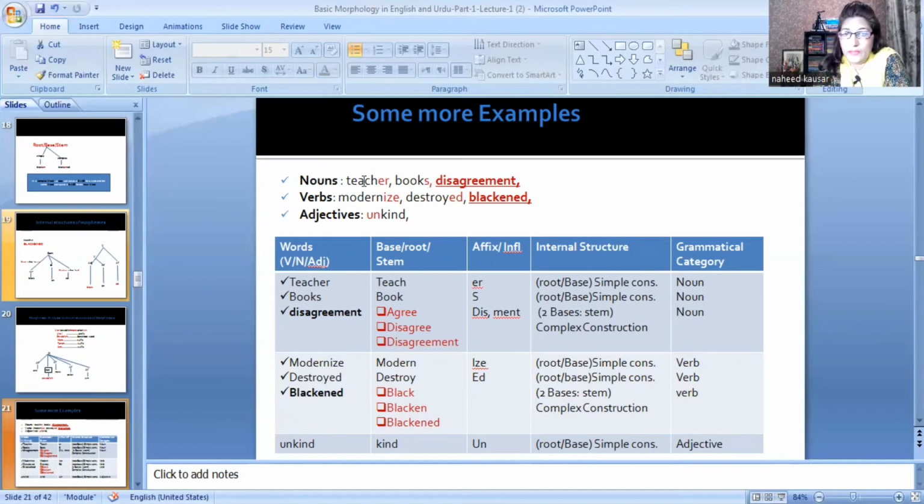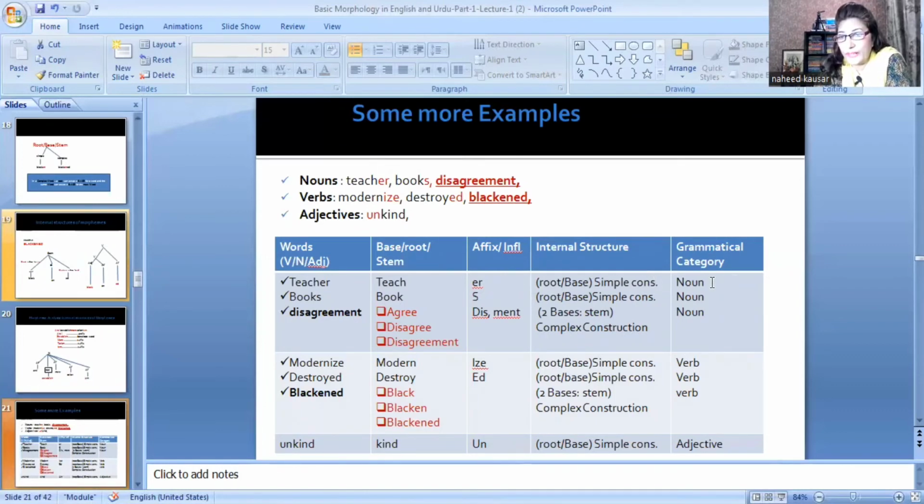But as there is no further construction in these words, they will be considered as simple constructions, right? And here in the word teacher, teach is the root or the base, and ER is the affix, and it is a simple construction.